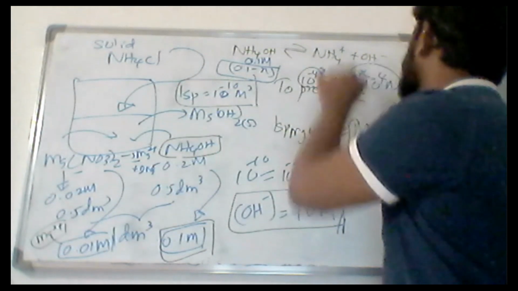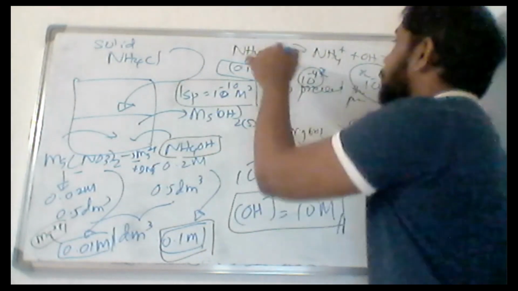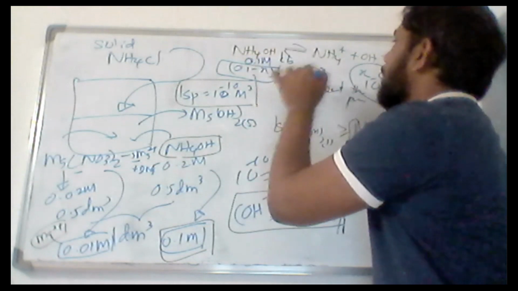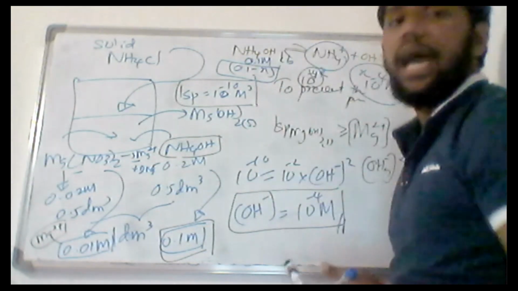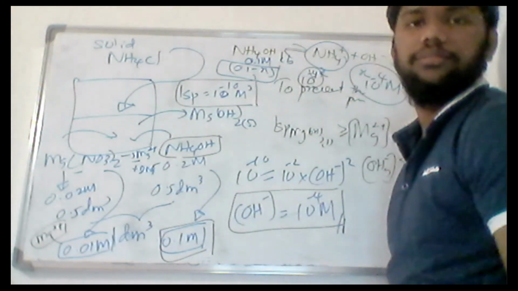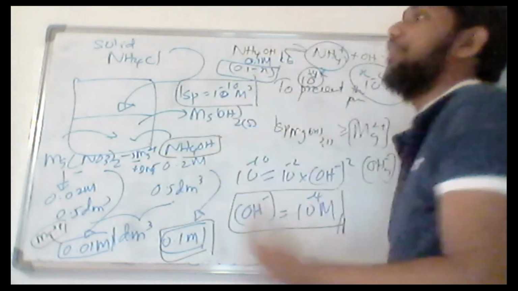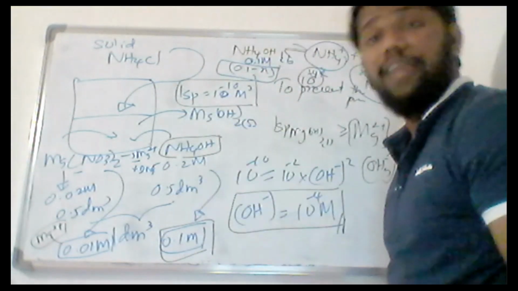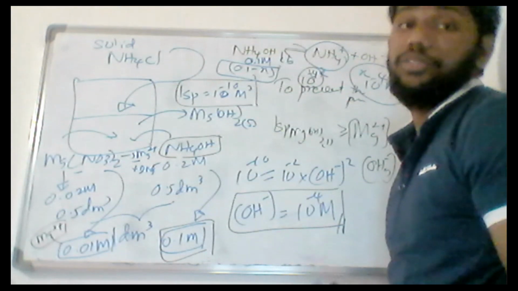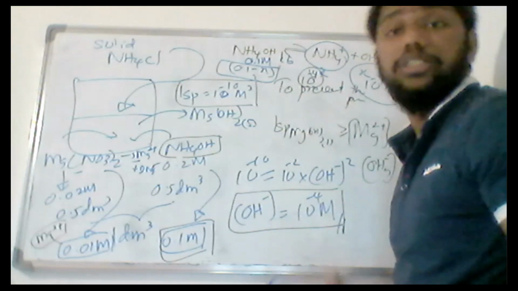So if you know this 10 to the power minus 4 concentration and you know Kb, you can find the amount of NH4 plus that you should add. Because if you put here 10 to the power minus 4 plus some x value, again we say the dissociation of x, which means this 10 to the power minus 4, is small.